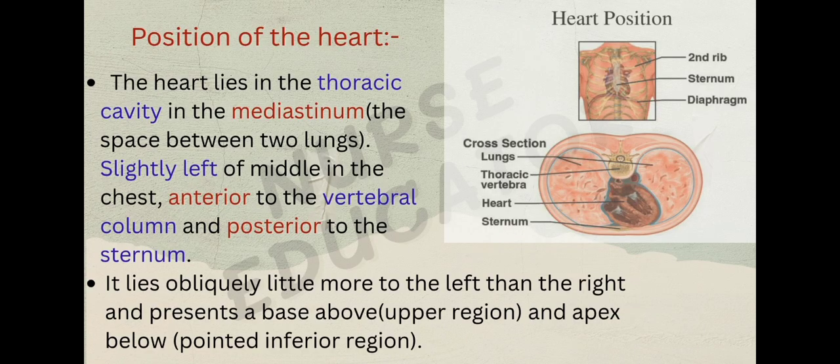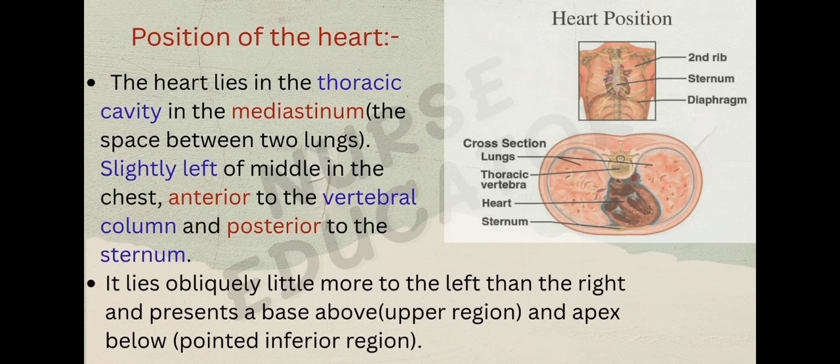Then it lies obliquely, a little more to the left, as I already told. It is tilted, not straight, and it is lying more to the left side than the right, and presents a base above.